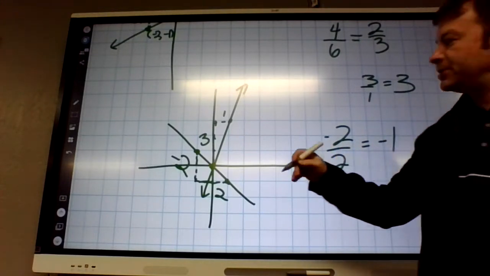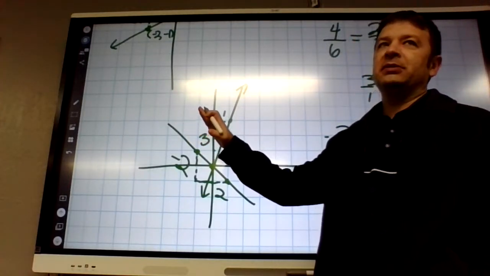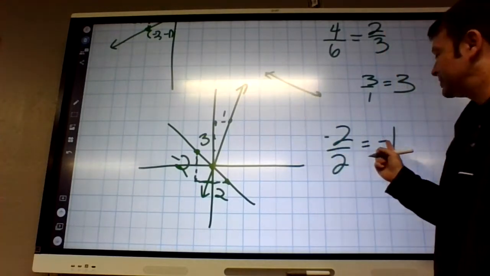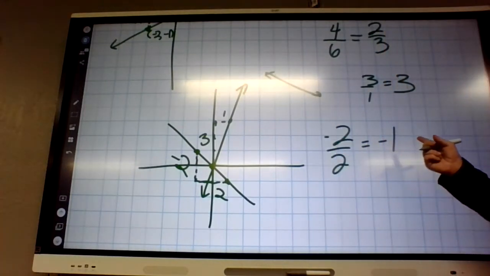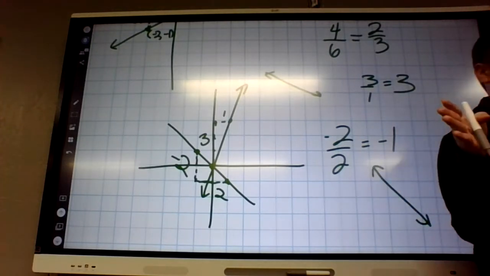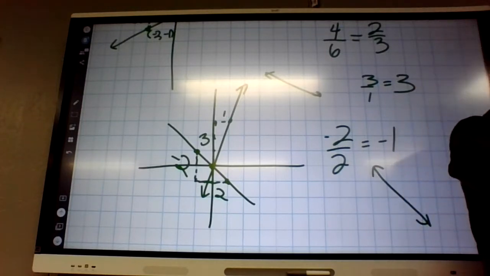So what happened to the slope when I went down from left to right? It turned into a negative. Okay. So when the lines are falling from left to right, you know how we read left to right, like this direction? If the line is falling in that direction, it's a negative slope.